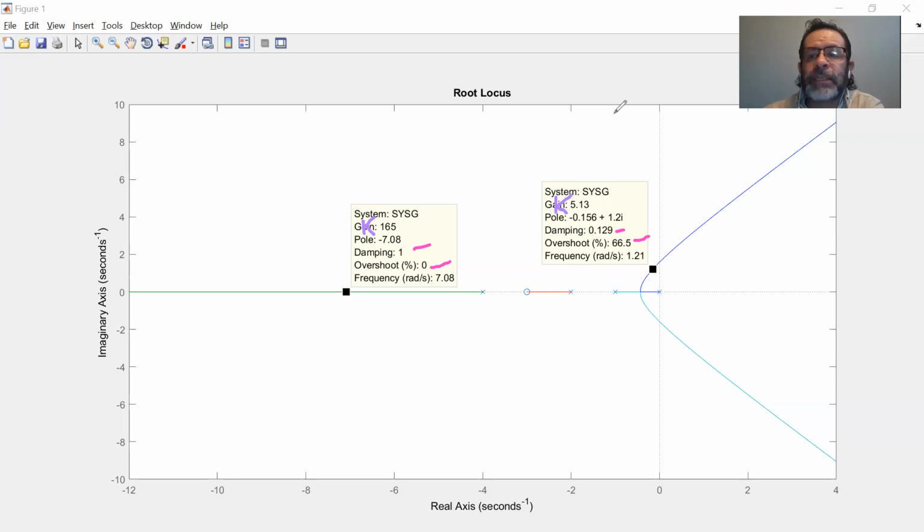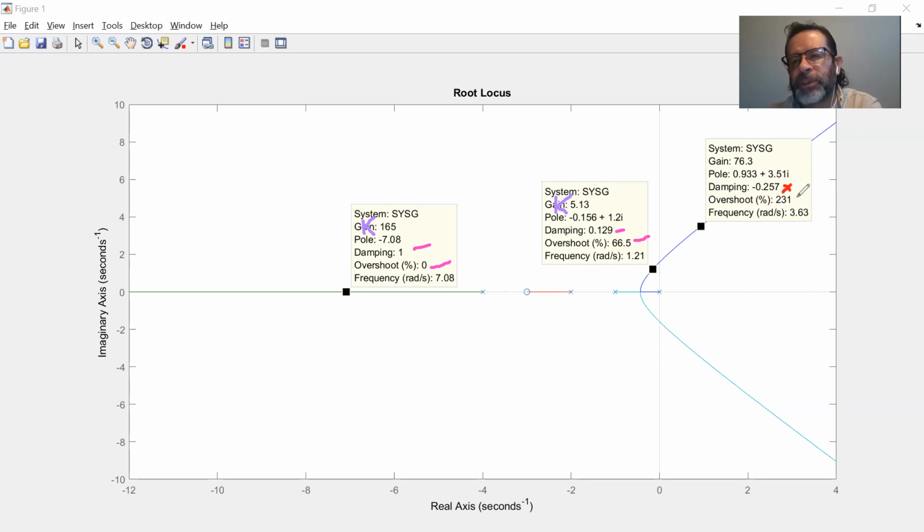Now, for example, if I select a point over here, this is a gain of 76.3. The pole has a positive element. Notice that it has a negative damping ratio. That's another characteristic. A negative damping ratio gives me an indication that the system is unstable. The overshoot is going to be 231%.